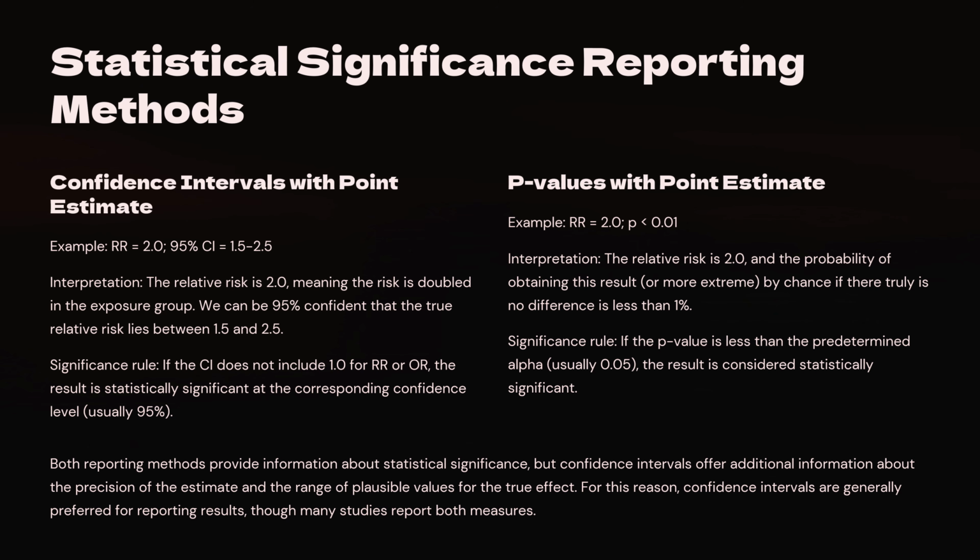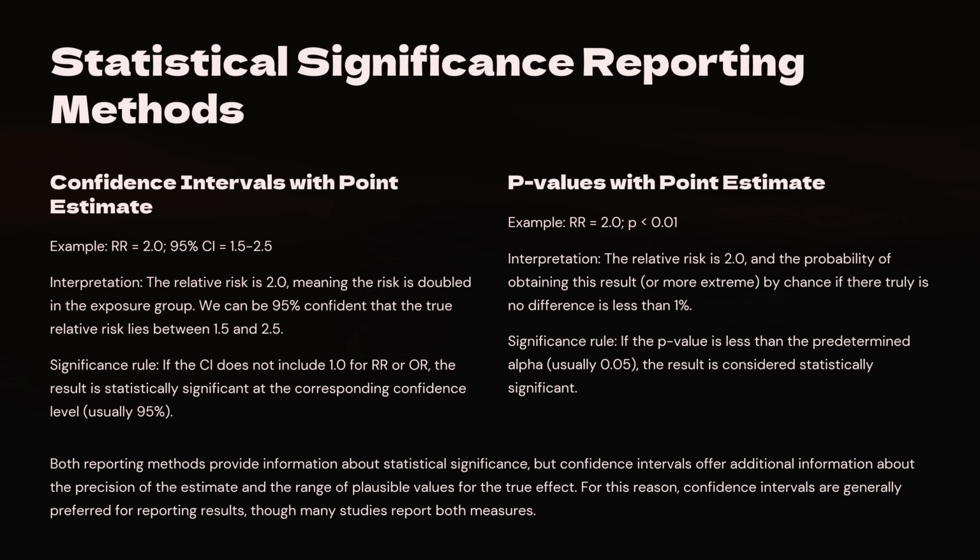So let's look at a few more examples of statistical significance reporting methods that you could report either way: confidence intervals with a point estimate or p-value with a point estimate. So here's the example. Both of these have a relative risk of 2.0. On the left, we have a confidence interval of 1.5 to 2.5. So does that confidence interval cross 1? No, it doesn't, right?